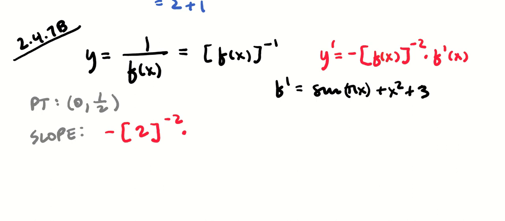And we're going to plug in 0 for x, right, because we want f prime of 0. And so f prime of 0 will be sine of 0, 0 plus 0 plus 3. If I take 2 to the negative second power, that's going to be 1 over 4, and then multiplied by 3.